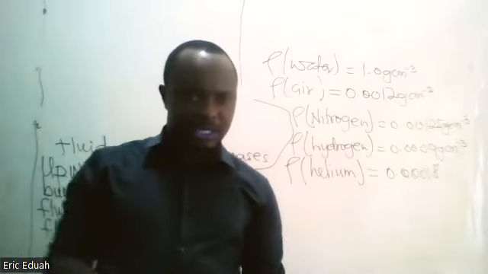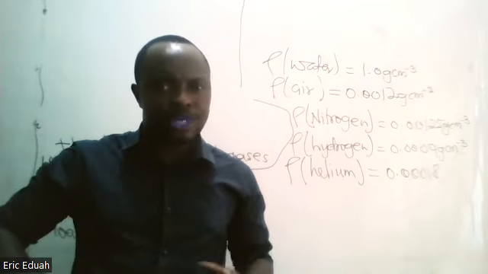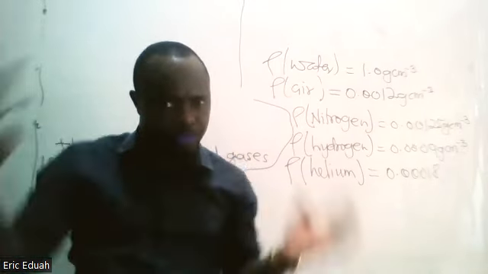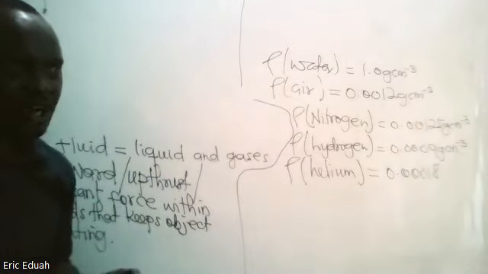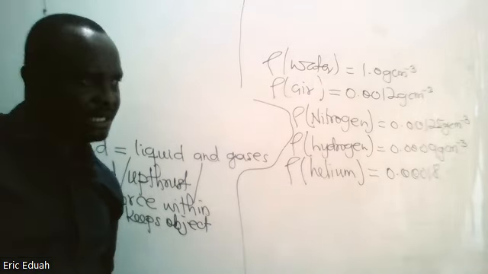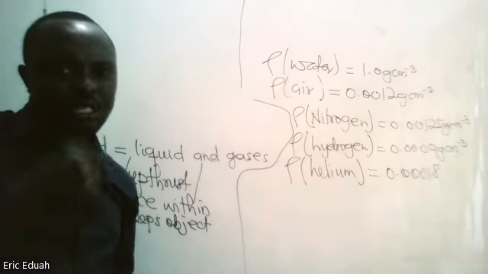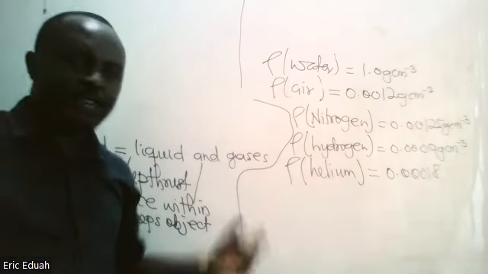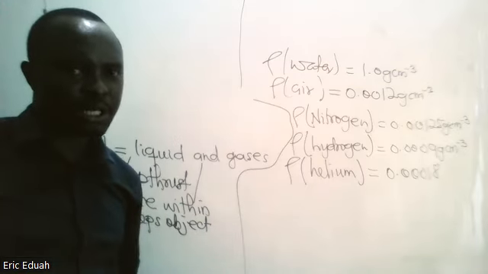All contact forces are experienced when the body or the object is within a certain medium. So upthrust is a contact force. The object experiences it when it is within a fluid, anything gaseous or liquid. Then frictional force is another contact force. Frictional force always opposes the relative motion between two bodies.